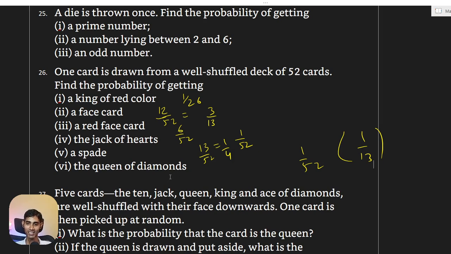So that is 1 by 52, total number of cards. Okay, who says 1 by 52? Okay, everyone is on that. 1 by 13 is me.